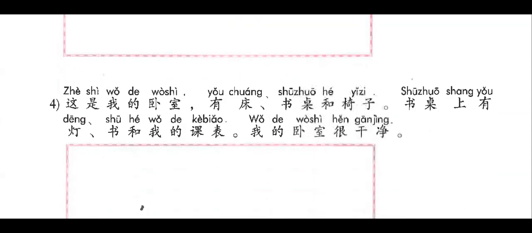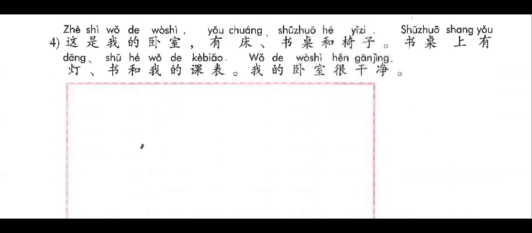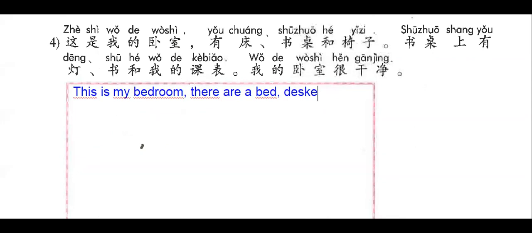Number 4. 这是我的卧室，有床、书桌和椅子. So this first part. This is my bedroom. There are a bed, desk, and chair.